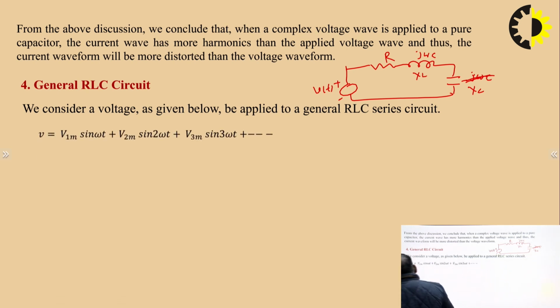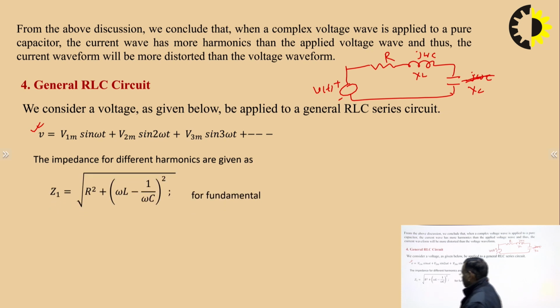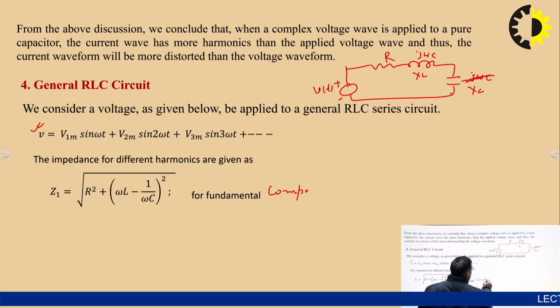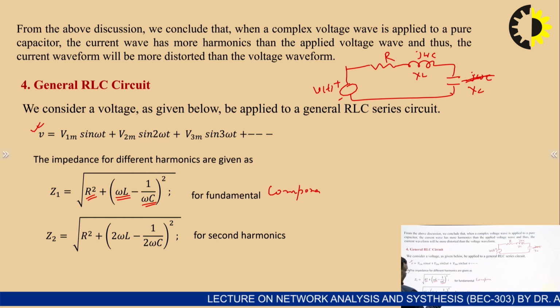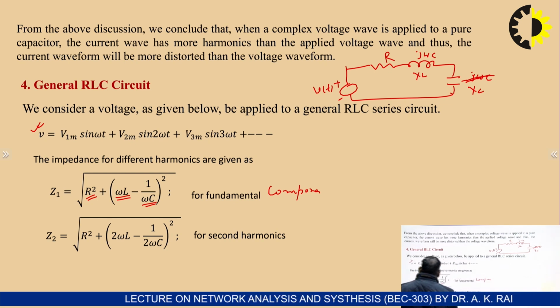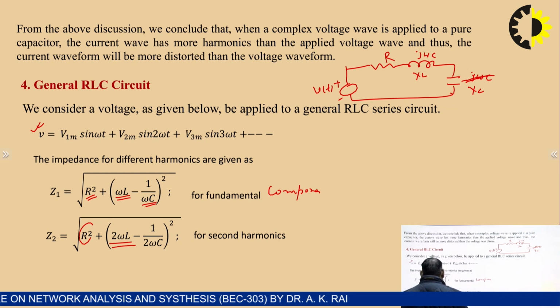So the same voltage wave shape is applied to a circuit containing all three components: inductor, capacitor and resistor. So impedance will change. So this is for the fundamental component. R is independent of the frequency. This is your XL and this is your XC. Now Z2, this is for the second harmonic. R is independent, inductor impedance is changing and capacitor impedance is changing.